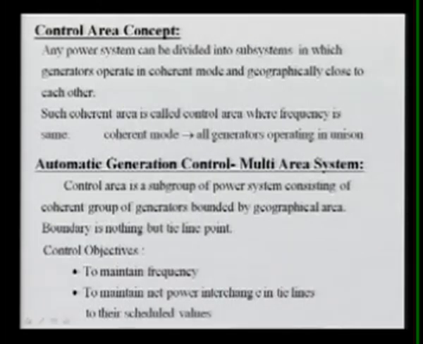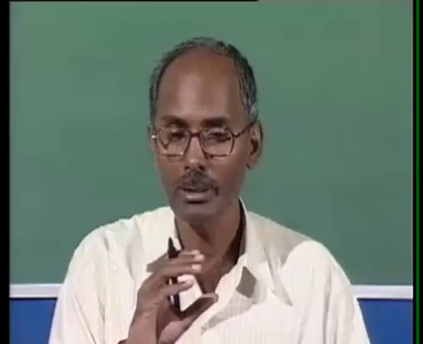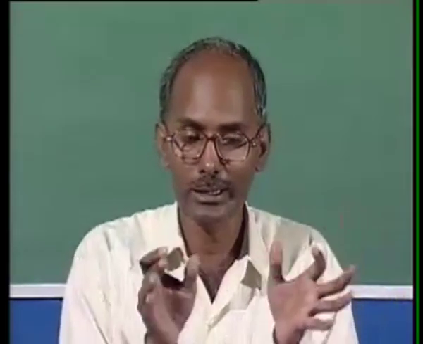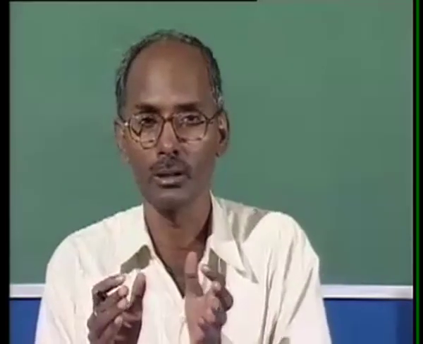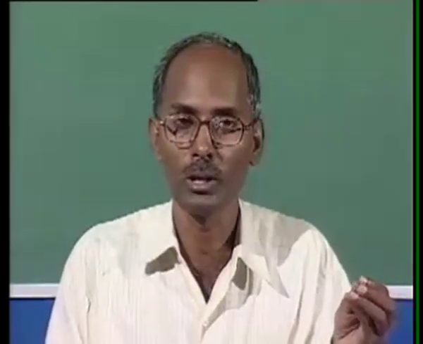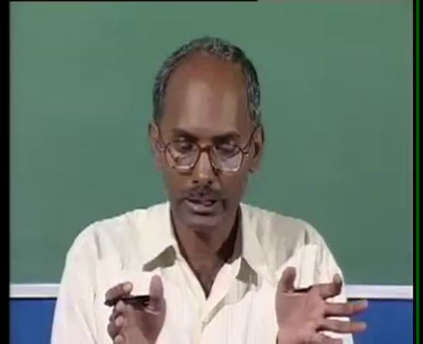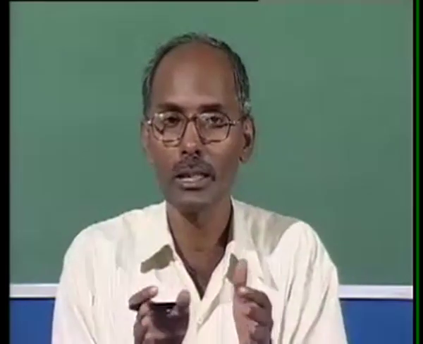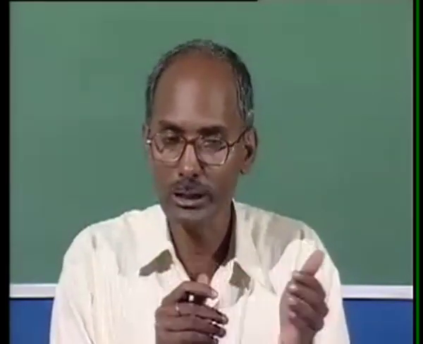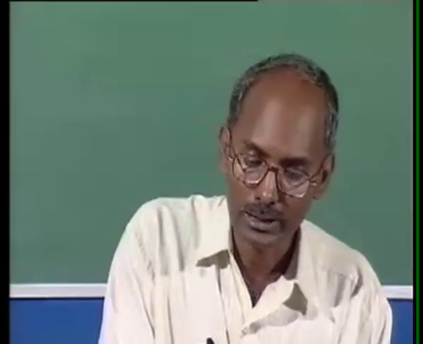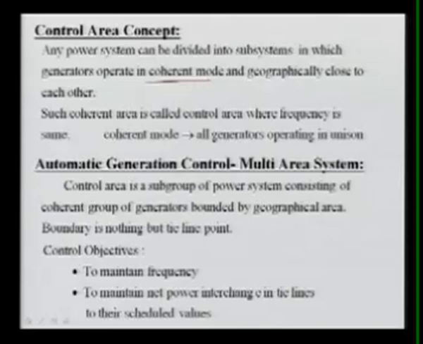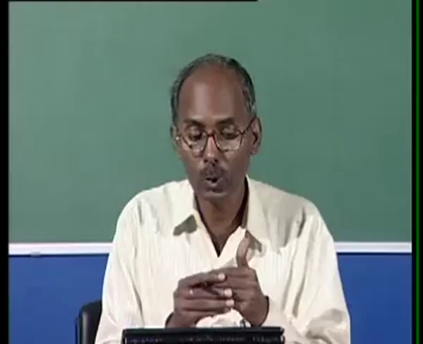Coherent means they are operating in coherency: whenever there is some disturbance, the oscillations of these generators correspond to the same. Suppose there is a certain change in the load, so the generators which are in the coherent mode will oscillate, and the relative oscillation between these generators will be 0. So that is called coherent mode, and also they must be geographically close to each other.